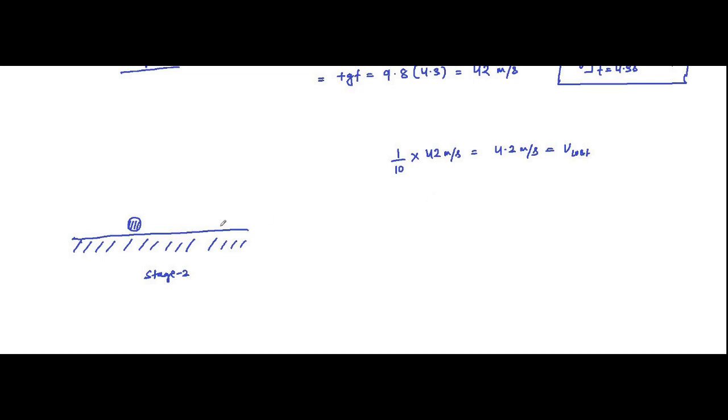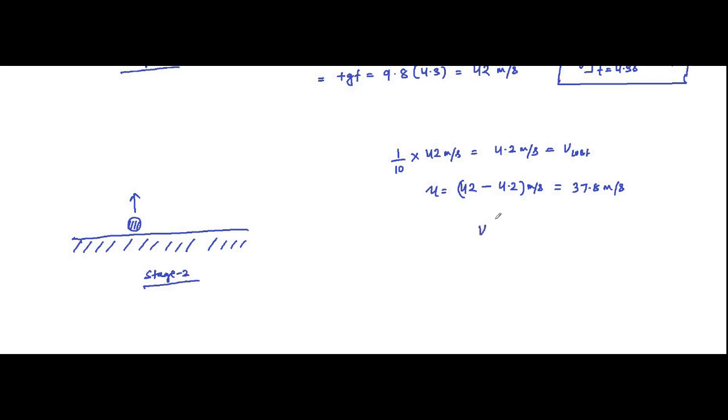So the new velocity with which it will move upwards is 42 minus 4.2 meters per second, which is the new initial velocity for stage 2. That is equal to 37.8 meters per second.